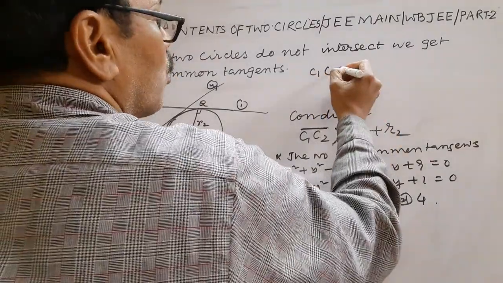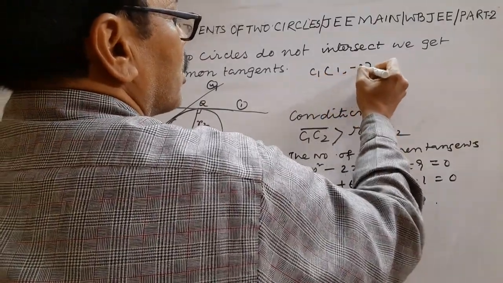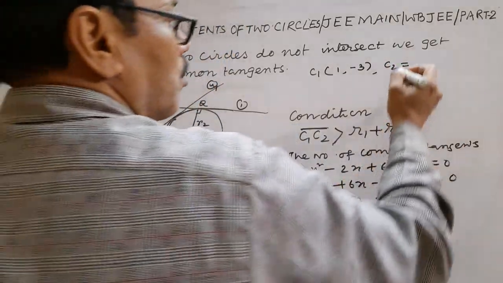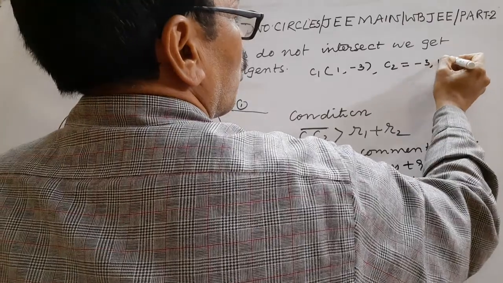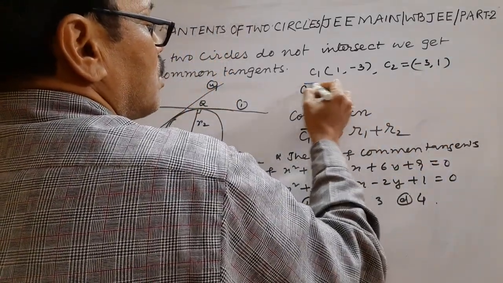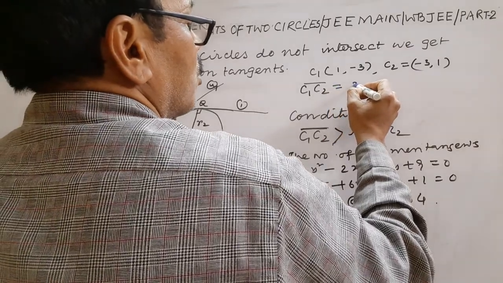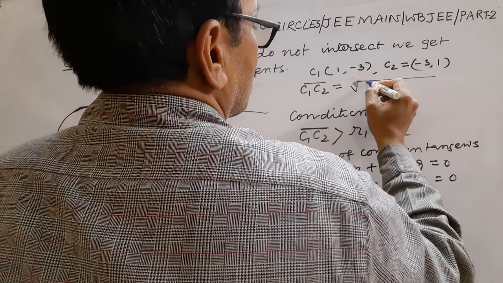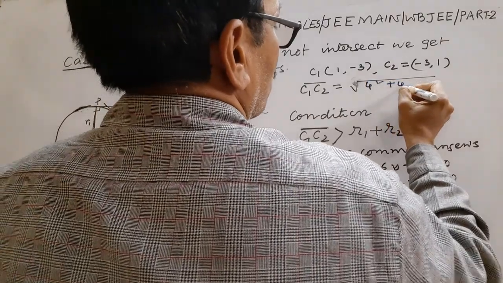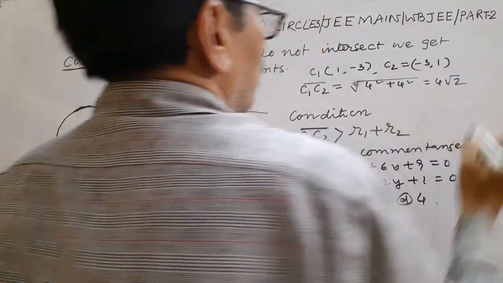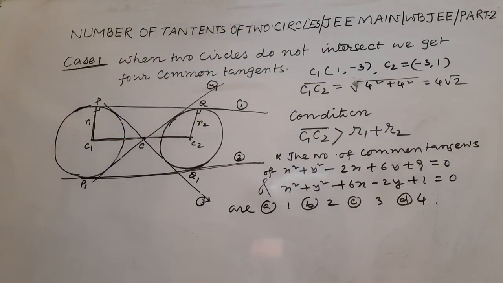C1 is (1, minus 3). And what is C2? C2 is (minus 3, 1). So what is C1C2, the distance between centers? Root of (3 plus 1) whole square plus... this is 4 square plus 4 square, so 4 root 2.